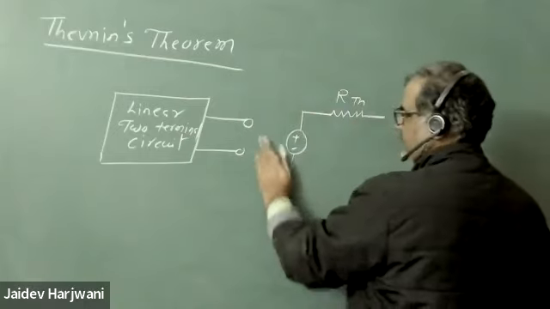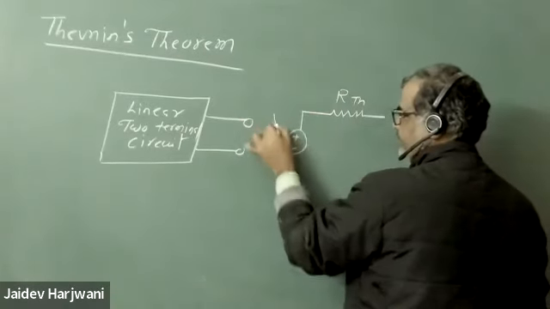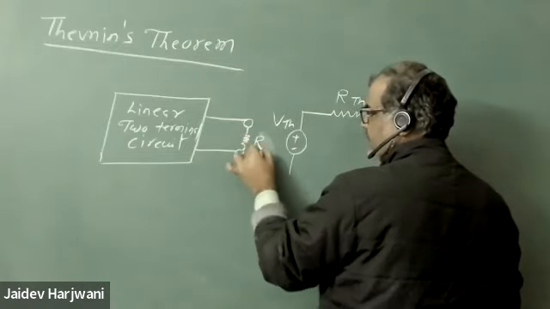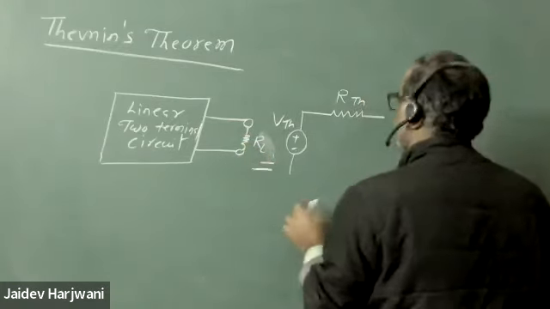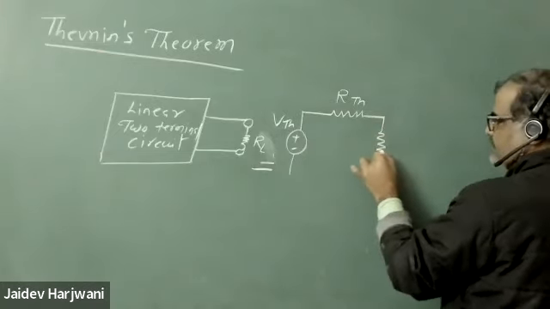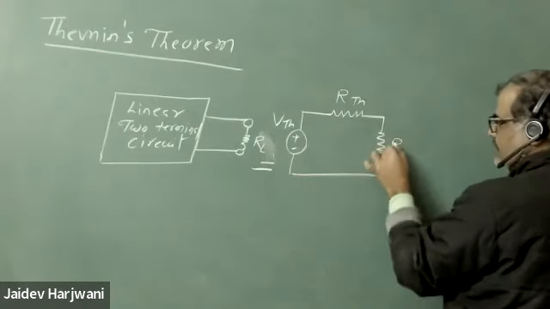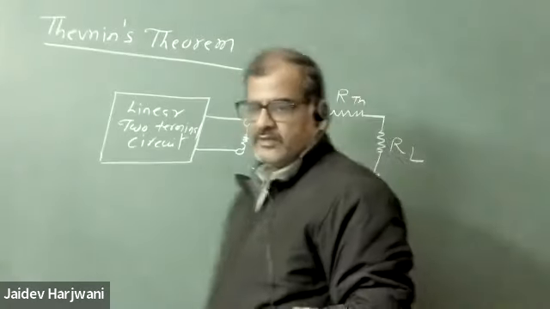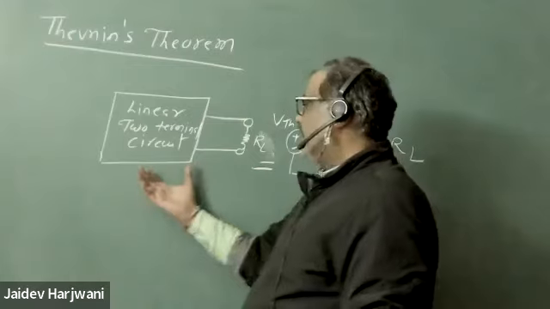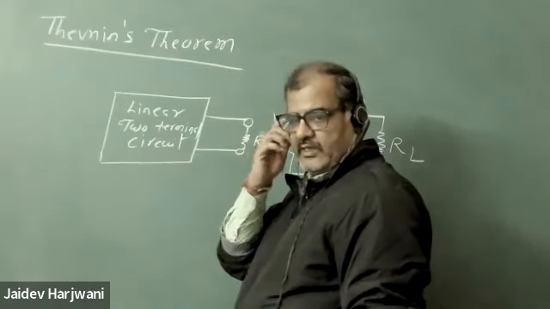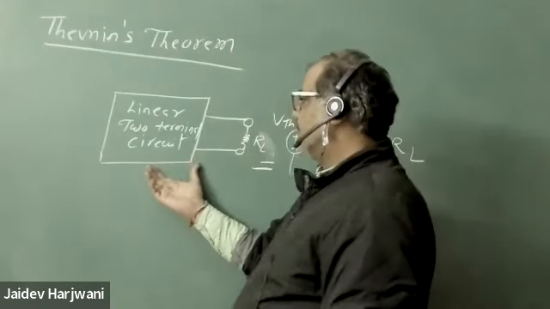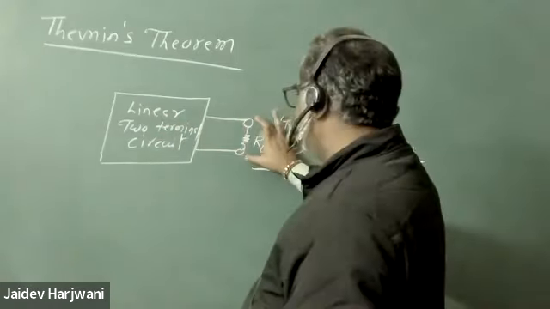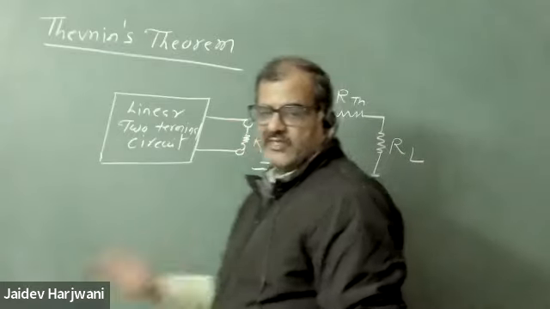For example, here I have a resistance RL, and here also I have a resistance RL. So what is the meaning of this theorem? We have a linear network, which may be a complicated network, and this network gives some current value here. So across this resistance RL, some voltage drop, V load, is there.